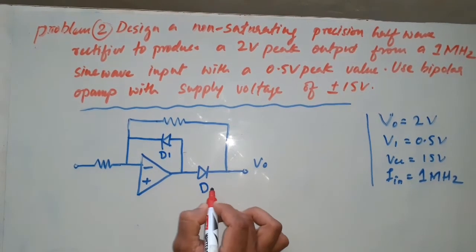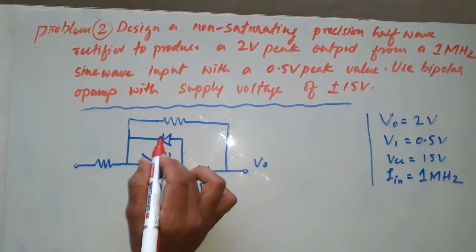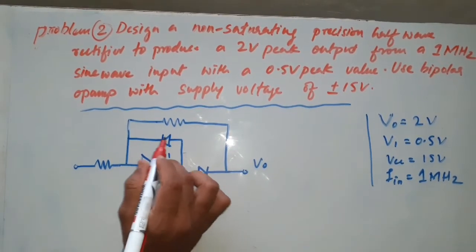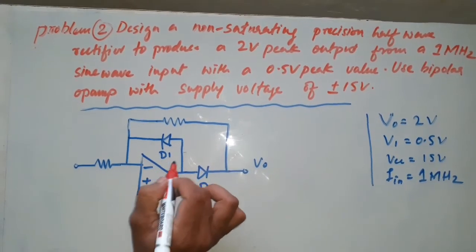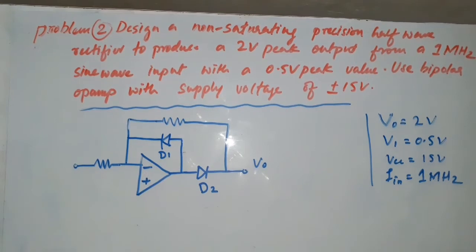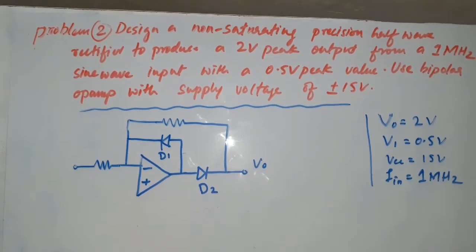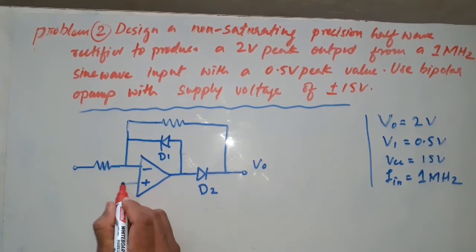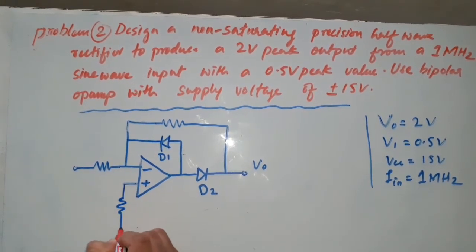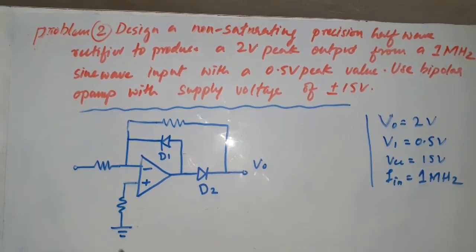This is your diode D2. You know the purpose of diode D1, right? Just by connecting this diode D1, this makes it non-saturating. If I remove this diode D1, it becomes saturating. The one inverting terminal is remaining; that goes to ground.